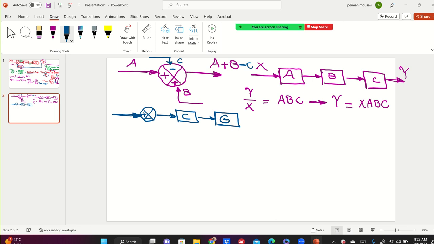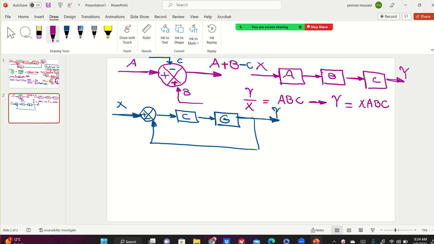It can be a low pass filter, a high pass filter, whatever. Anything that has dynamics, a differential equation. So this is X and this is Y.